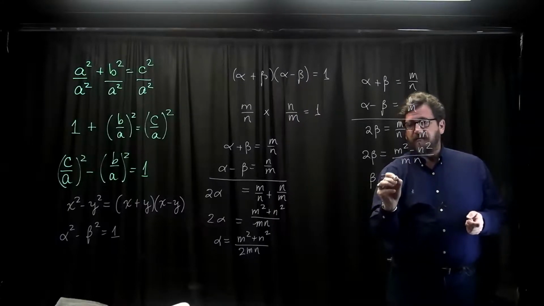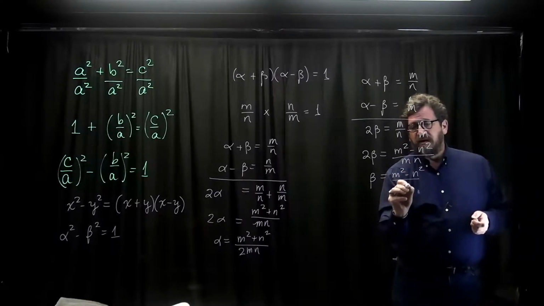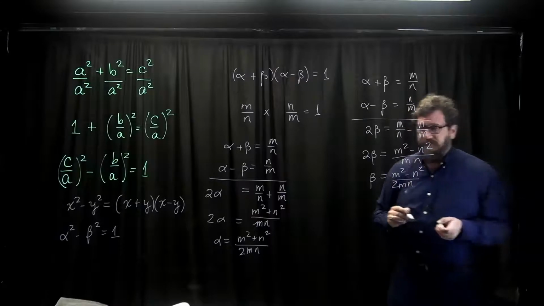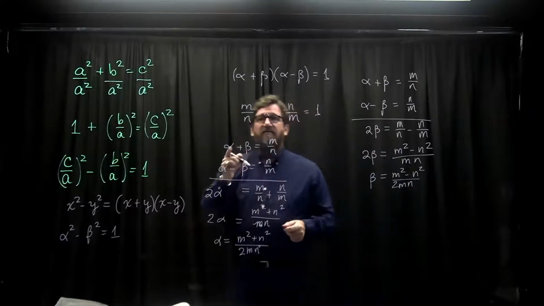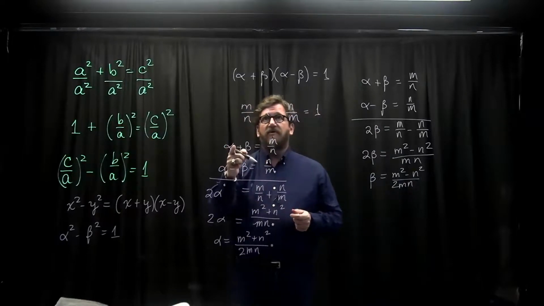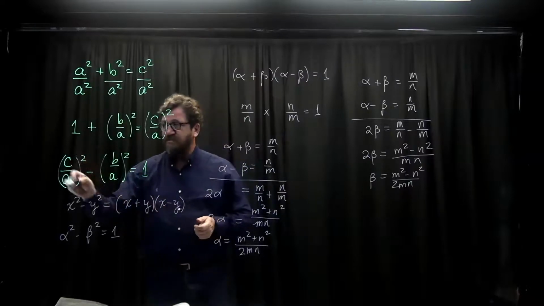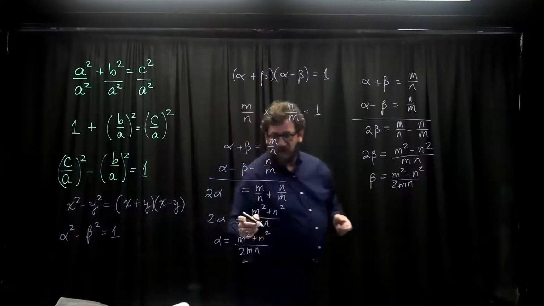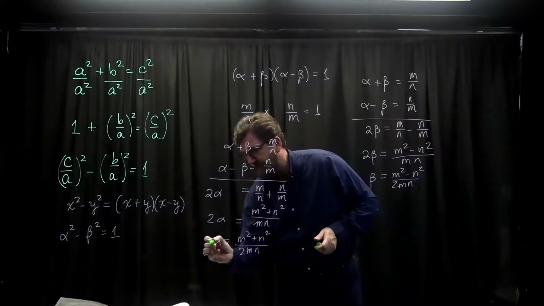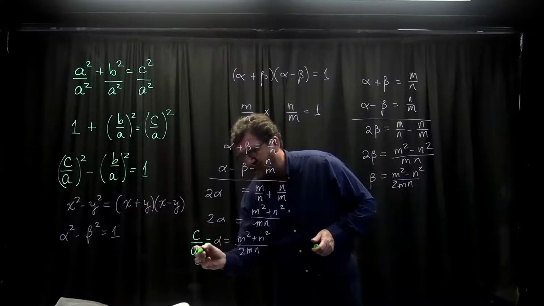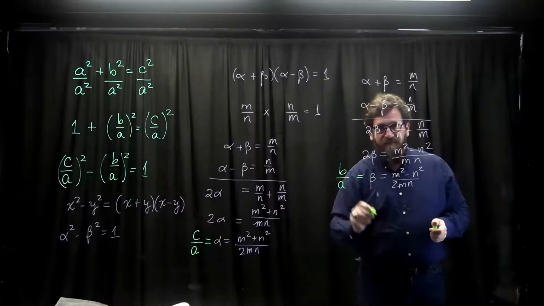So beta must be m squared minus n squared over 2mn. But remember, alpha was the letter that I chose to represent c over a. So I'm going to switch colors to highlight this. This is c over a, just as this is b over a.